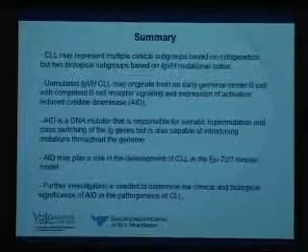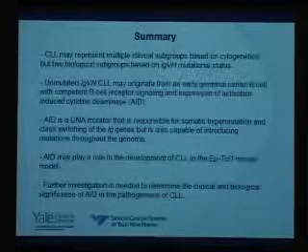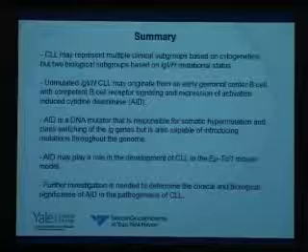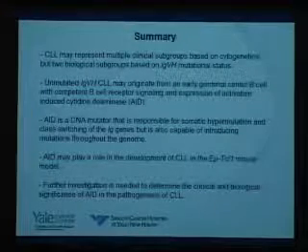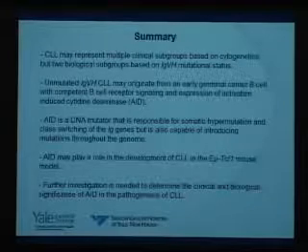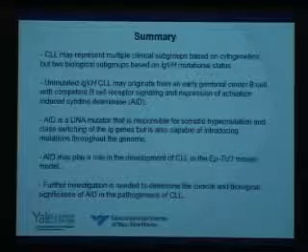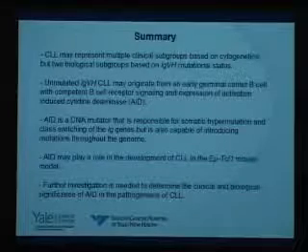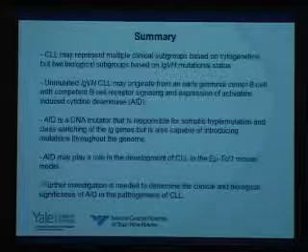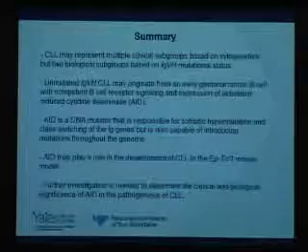AID is a DNA mutator that is responsible for somatic hypermutation and class switching of the Ig genes, but is also capable of introducing mutations throughout the genome. AID may play a role in the development of CLL in the TCL1 transgenic mouse model, but further investigation is needed to determine the clinical and biological significance of AID in the pathogenesis of CLL.